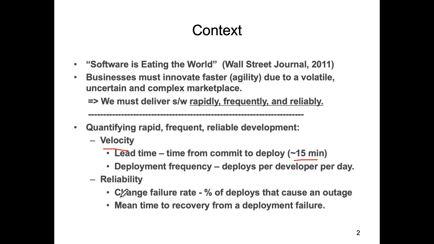The automated tests throw up some sort of errors. How quickly can we turn around resolving those errors and redeploy a more reliable piece of software? Mean time to recovery, I guess. Sorry, change failure rate. Okay, change failure rate is saying how frequently, when we do carry out deploys, each individual team member does a deployment, how many of those deployments are actually faulty.